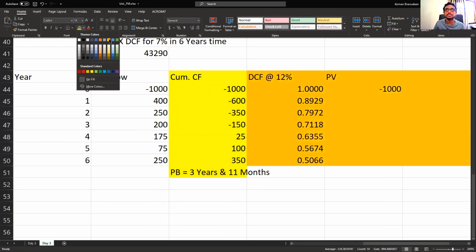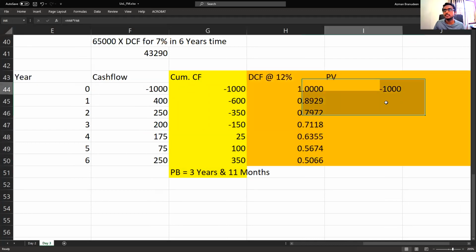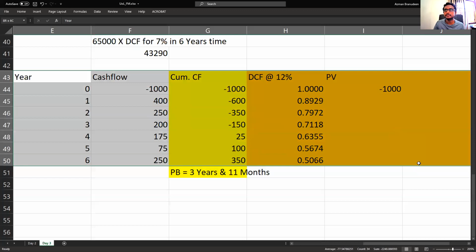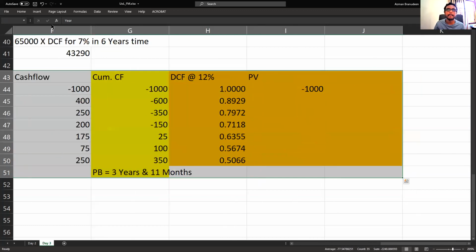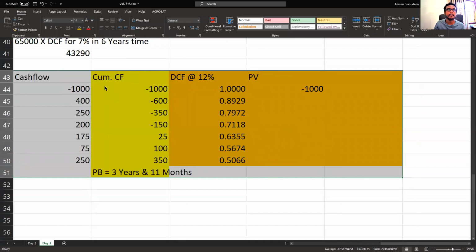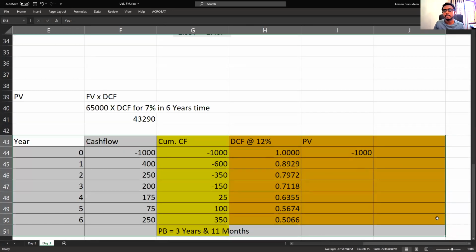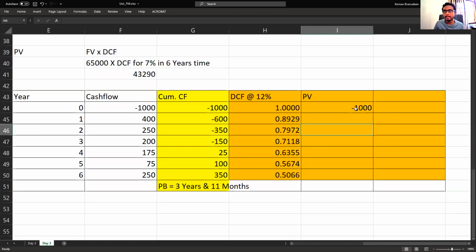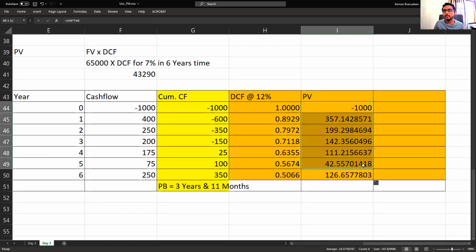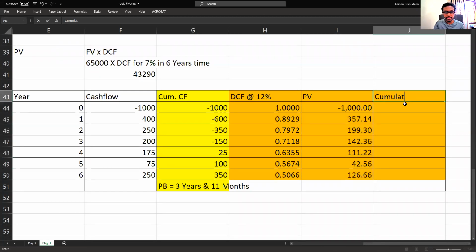So I'm going to use this color. Right, okay. So after discounting it, do you have to find the cumulative cash flow for the discounted cash flows? Yes. Okay. So now I have the cash flows, then I have to calculate the cumulative present value cash flows, right?